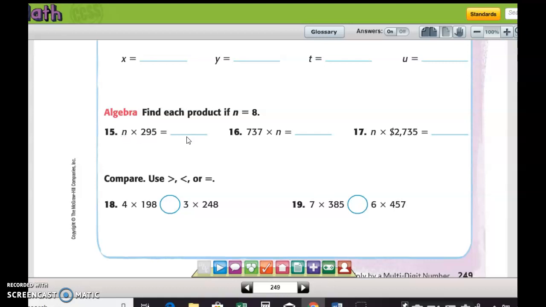But pay attention because in the problem it gives you what you need. So each of these that has an n in it, it gives you what n equals, and you're going to replace n with that in order to solve. Also, when you get to the bottom, you're going to have to do 2 equations and then do the comparison, whether it's greater than, less than, or equal to, after you've done your multiplication. So pay attention for that.